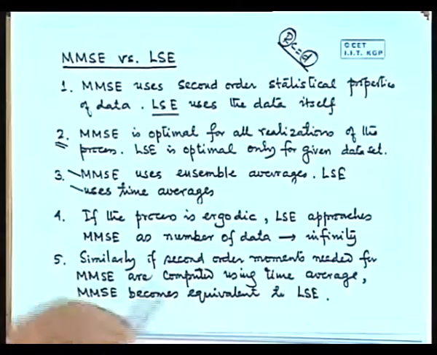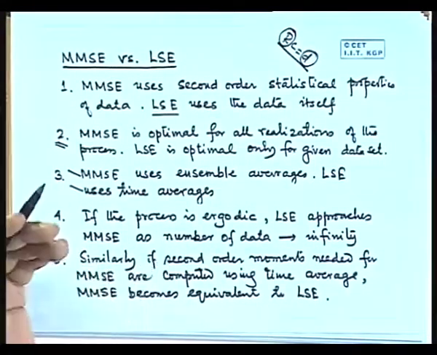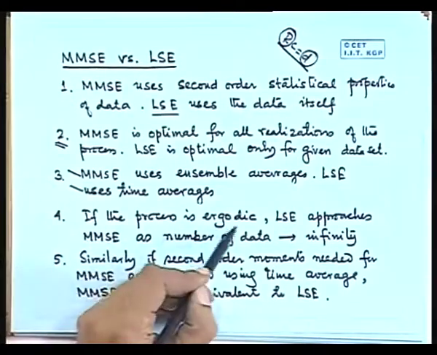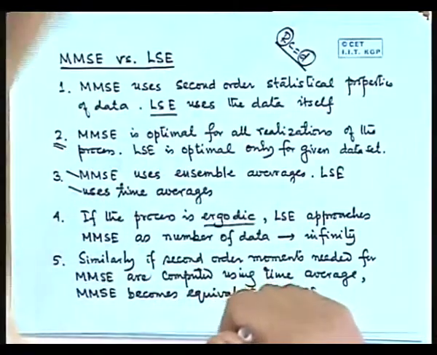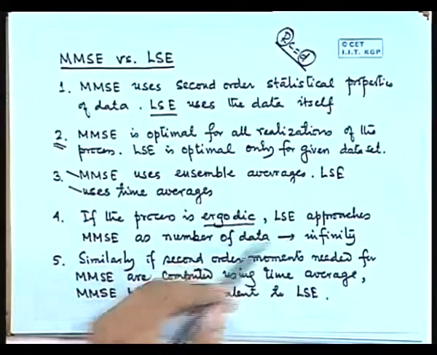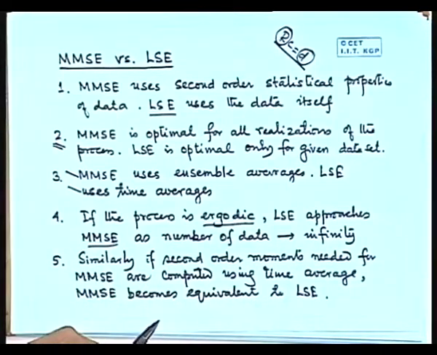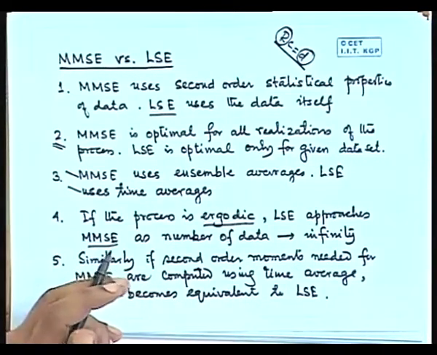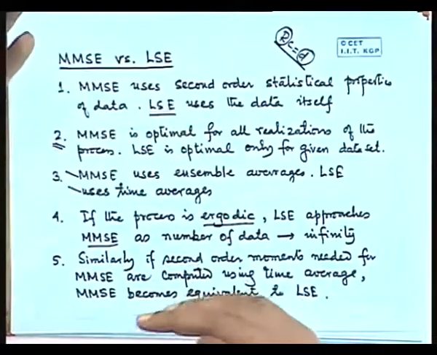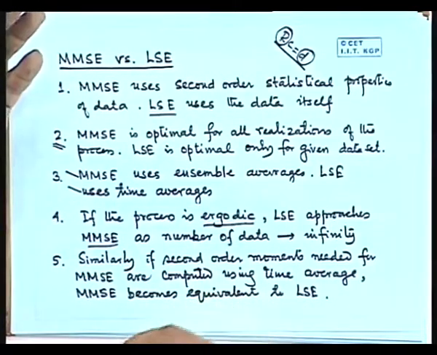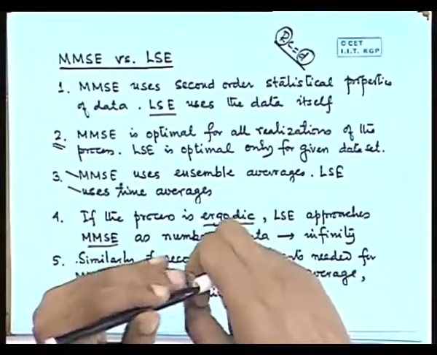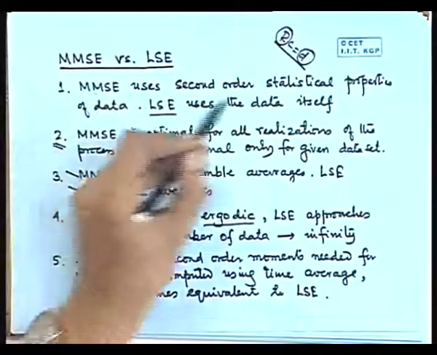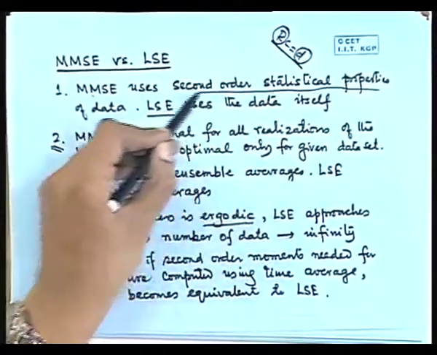The MMSE uses ensemble averages and the LSE uses time averages. So naturally now you know that if the process is ergodic, and you take a long time average, then the LSE will approach the MMSE, because ensemble averages will be equal to long time averages. Similarly, you may ask that, okay, MMSE will use second order statistical properties.